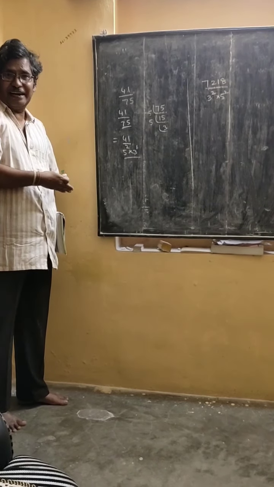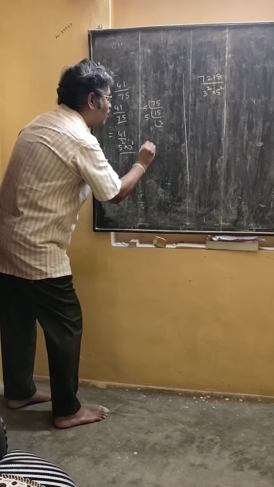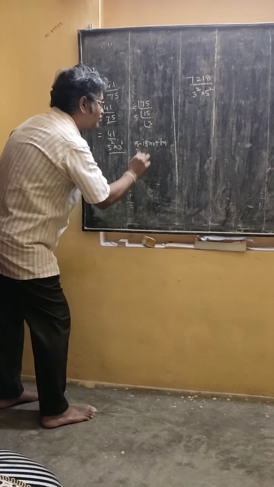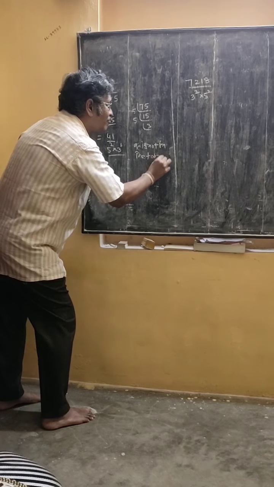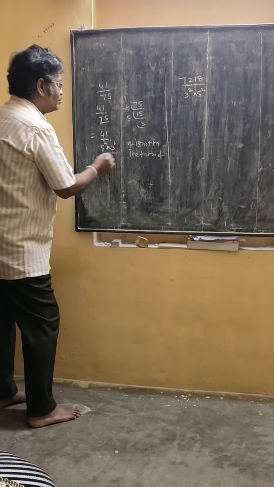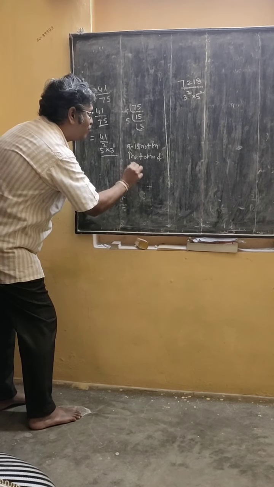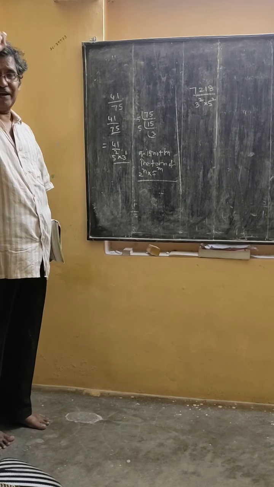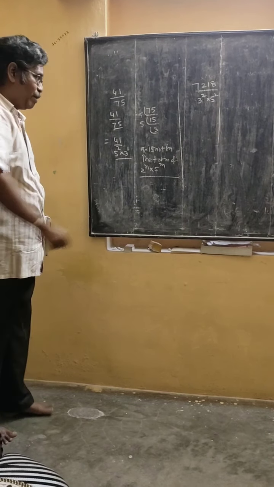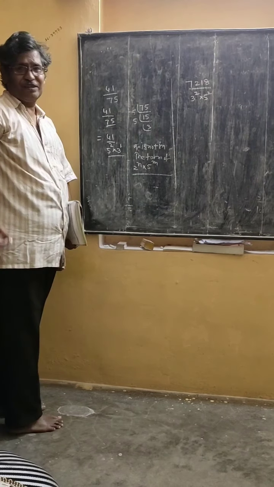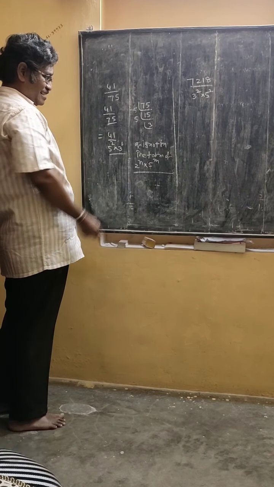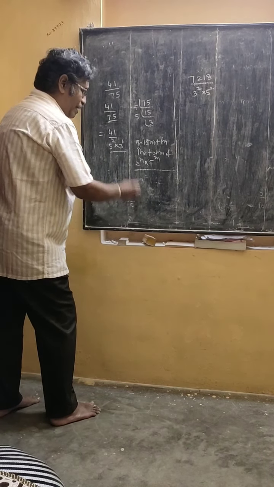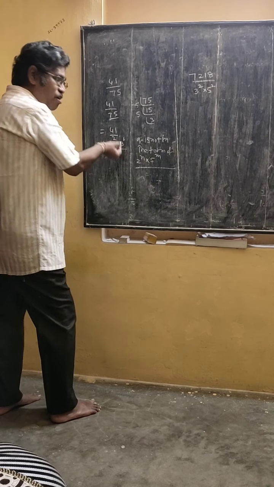Is it a terminating decimal or non-terminating and repeating? So here q is not in the form of 2 power n into 5 power m. According to which theorem? Theorem 1.5. Previously we discussed that q cannot be factorized in the form of 2 power n into 5 power m. We got 5, but in the place of 2 we got 3.